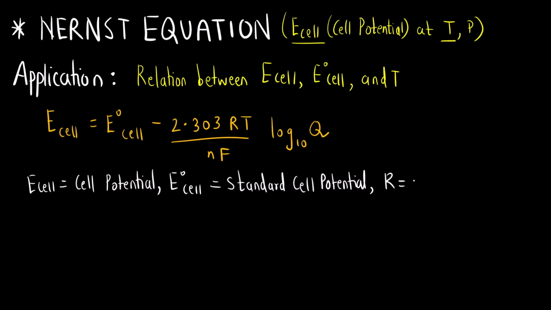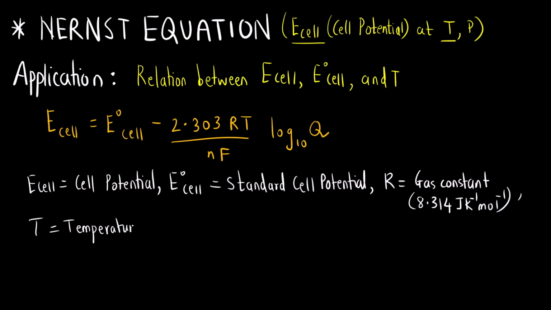What is R? R is the universal gas constant. What is the value of R? We know it is 8.314 joule per Kelvin per mole. This is the value in terms of joule. Then we have T. T is the temperature. What is N? N is the number of electrons involved, that means the number of electrons lost during oxidation or gained during reduction, the number of electrons exchanged.